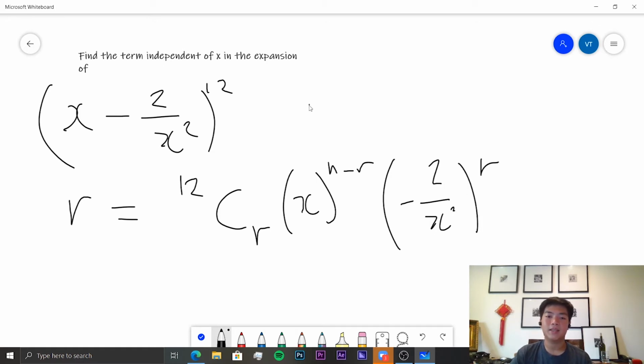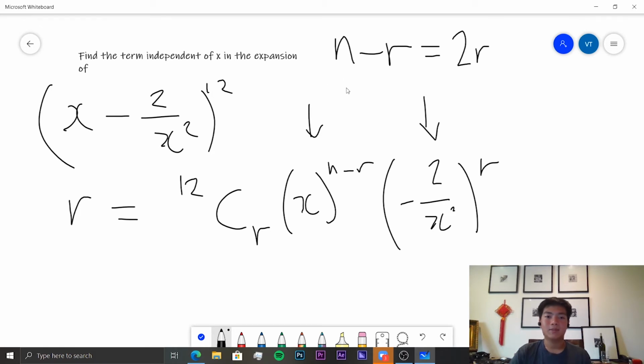And so we need to make the power of x here equal the power of x here, so they cancel out. How do we do that? Since this is x squared and this is x, we need to make sure that n minus r is equal to 2 times r. So in other words, this will have double the coefficient of this, so that when we multiply x squared by this coefficient, it's equal to this, and they cancel out.